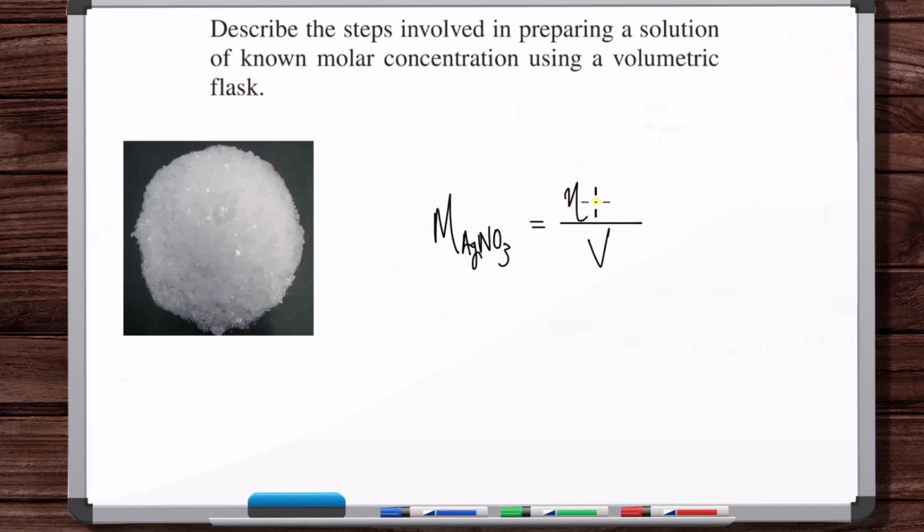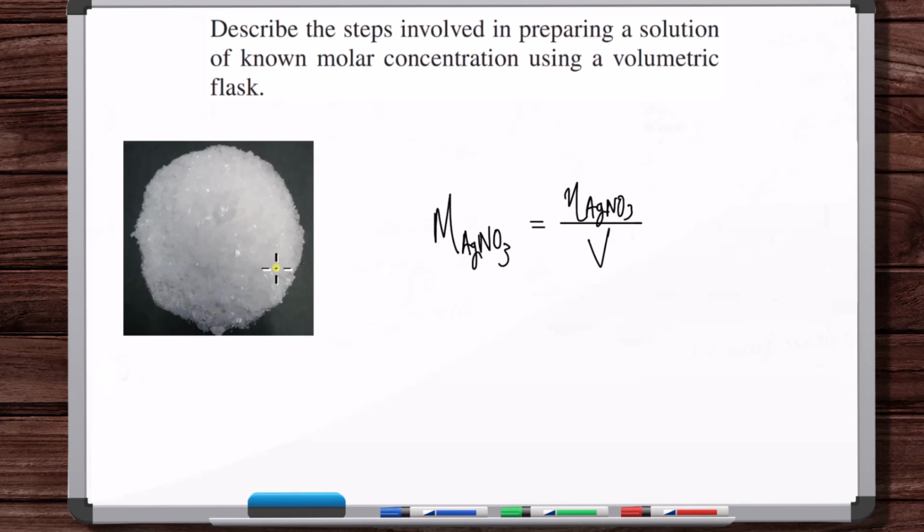What we'll get is the number of moles of silver nitrate. Then with the number of moles, we can take the formula weight of AgNO3, get the corresponding grams of AgNO3, and precisely weigh out that much solid AgNO3.